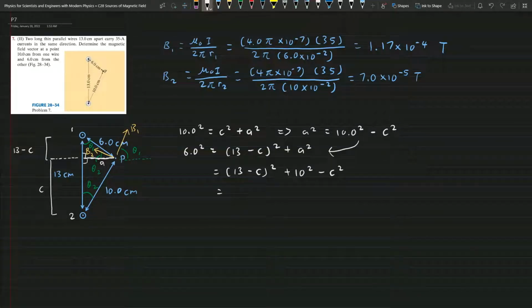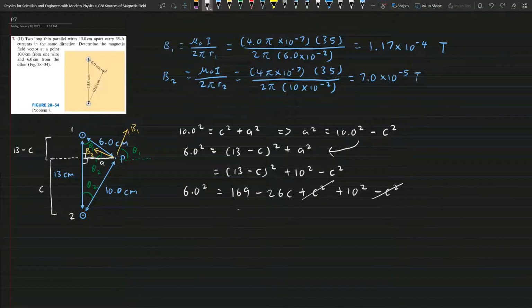Now we solve for this. 169 minus 26c plus c squared, plus 10 to the power of 2 minus c squared. This thing will cancel out, so this equals 6.0 squared. Now we can solve for c.